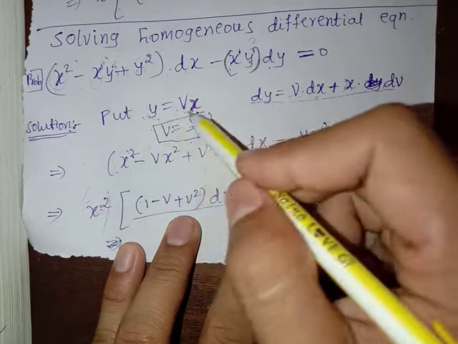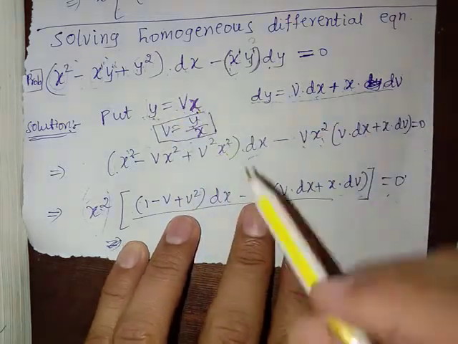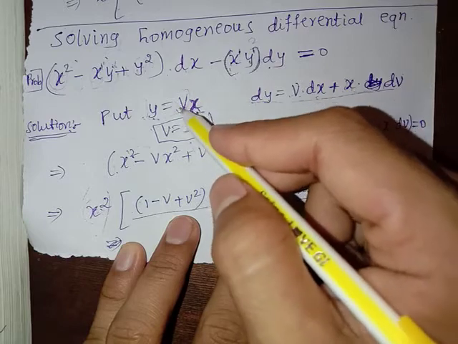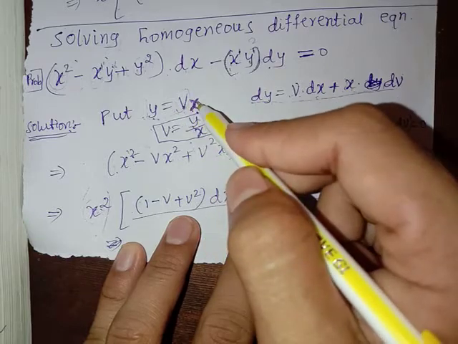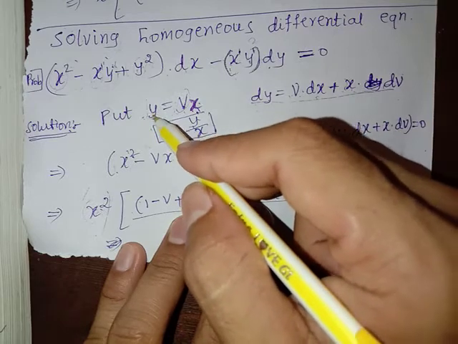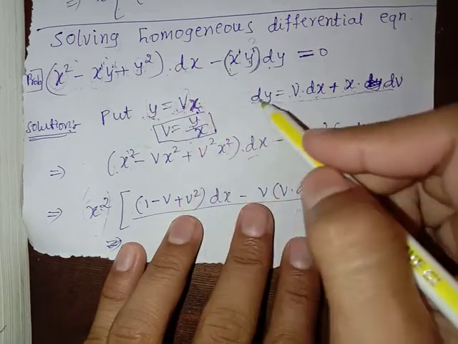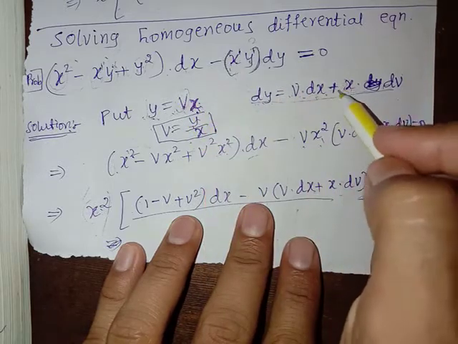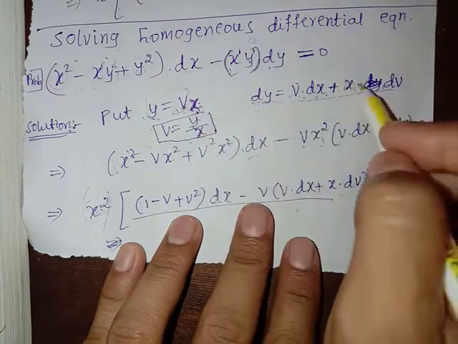Now I put here y is equal to vx. Here one thing we must note is that v is also a variable and x is also a variable. Then if y is equal to vx, what is dy? dy is equal to v dx plus x dv.